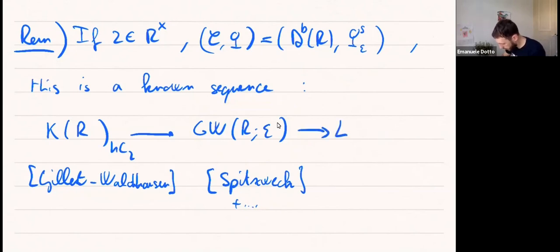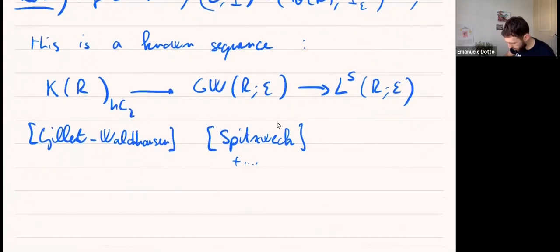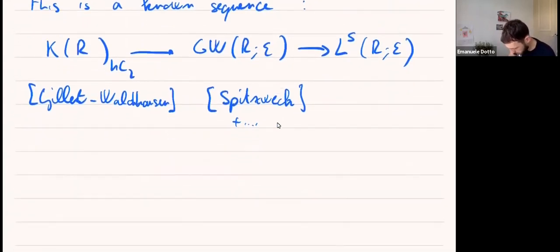And then the co-fiber is Ranicki's L-theory. Okay, kind of by definition. And this was known. So this was established by Schlichting.